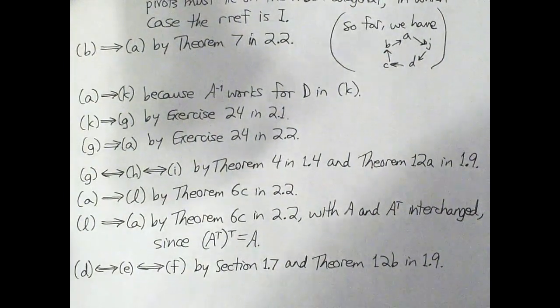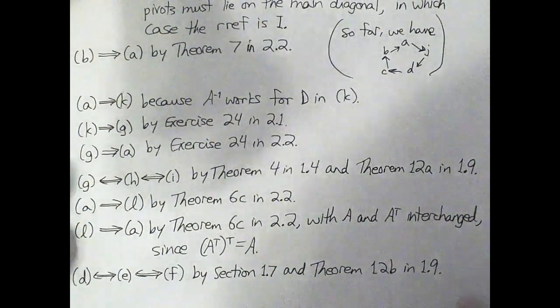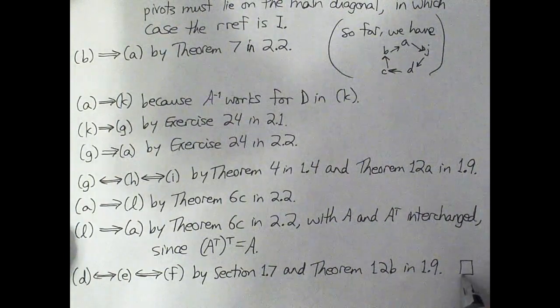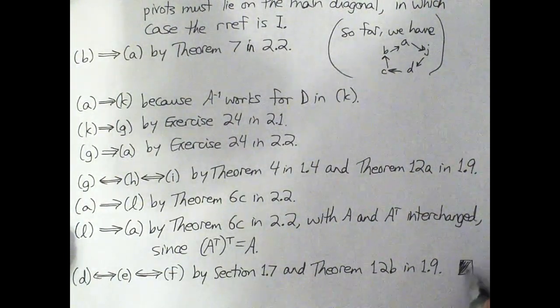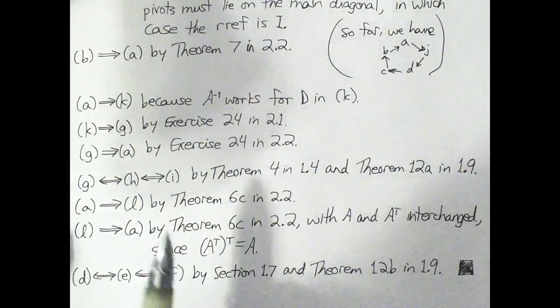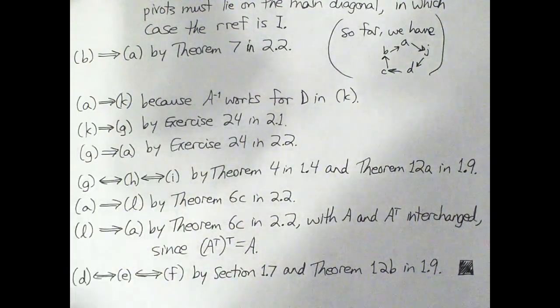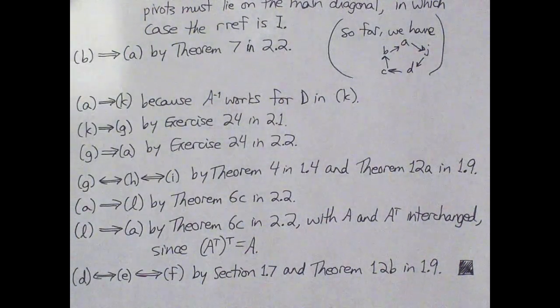Can you see that we did all of those connections that we had mapped out in that diagram? So I'm going to say this is the end of the proof. You could say, technically, we didn't really prove it if we left a bunch of things as exercises. But that's where they can be found in the book. Those parts can be worked out on their own. So the invertible matrix theorem is true.